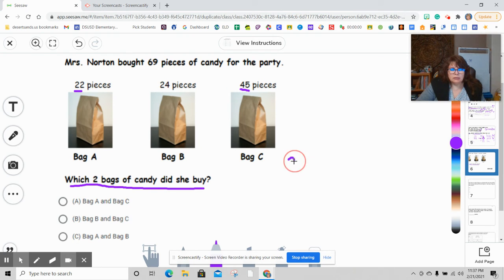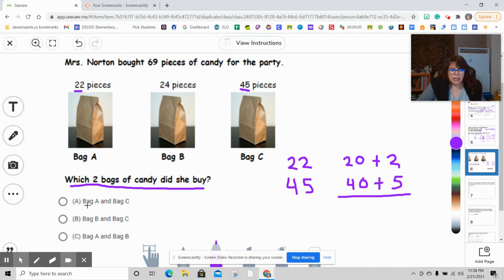So in bag A, which is right here, it says 22, and in bag C, it says 45. So I can do on my whiteboard 22 and then 45, and then I can work it out and check it. It's okay to check each and every one so that I can see if my answer is correct. So I'm doing expanded form to find out if the first choice is the correct answer.